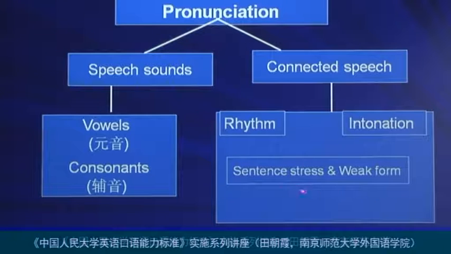And in Chapter 3, we also talked about sentence stress and weak forms. The important role that sentence stress and weak forms play in connected speech is that command of them is essential to the realization of rhythm and intonation.